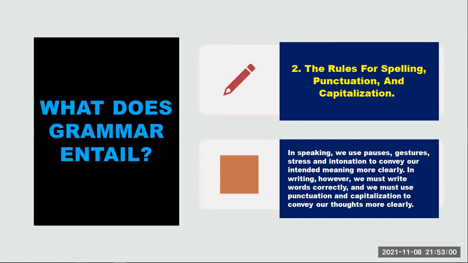And we also use capitalization, to show when we begin a sentence and to show where we are using a proper noun and so on and so forth. So these are all aspects of English grammar that are very important when it comes to conveying our thoughts very clearly, especially in writing.